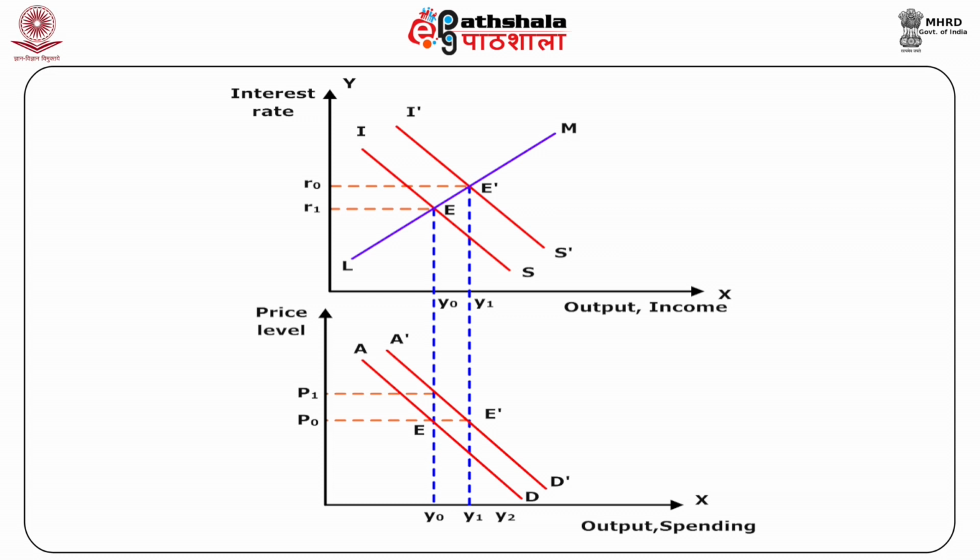If we consider that the price level is the same, then there would be excess demand, that is, E prime would be the excess demand. But if we consider a new aggregate demand function at the new price level, then the price level would go up for the same given level of output, which is Y0.